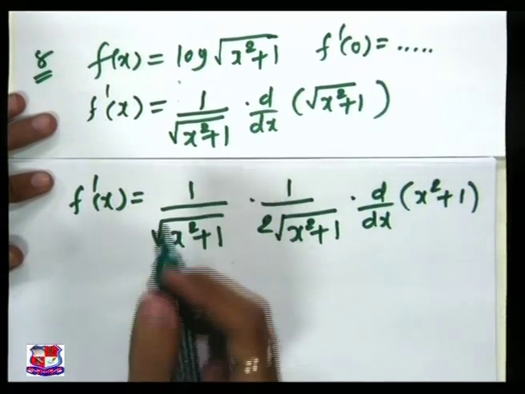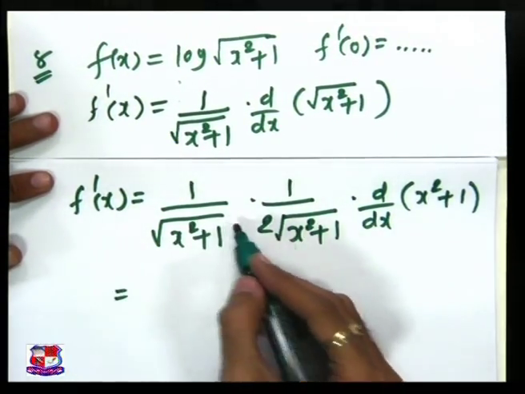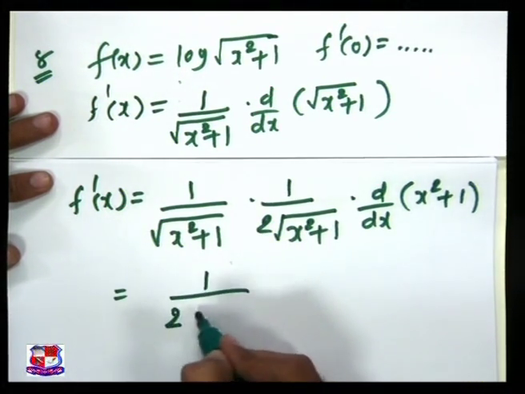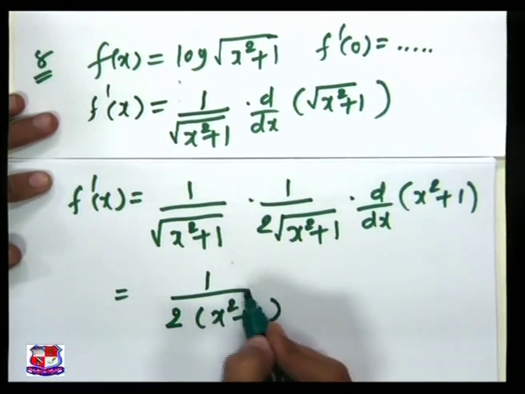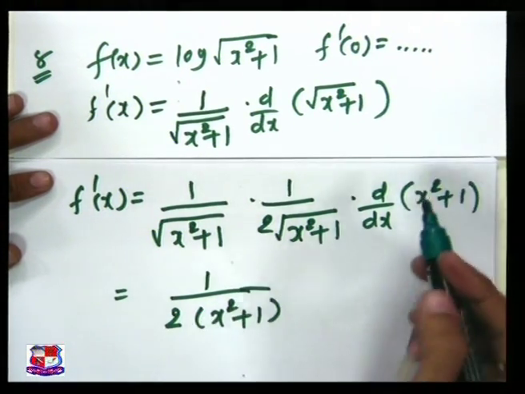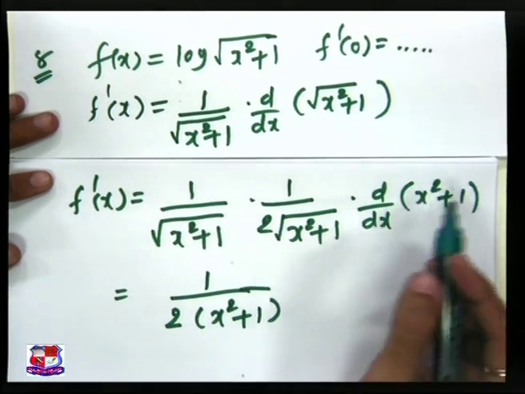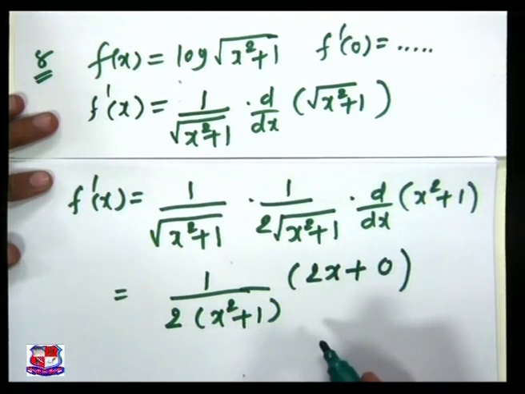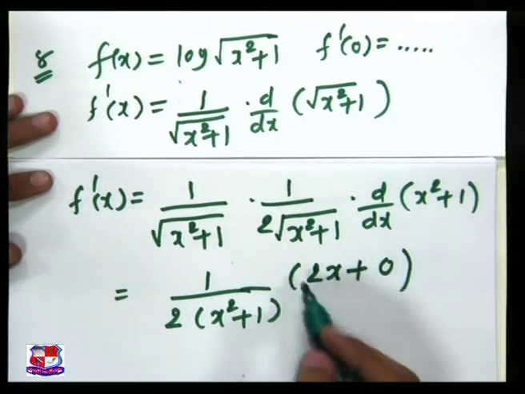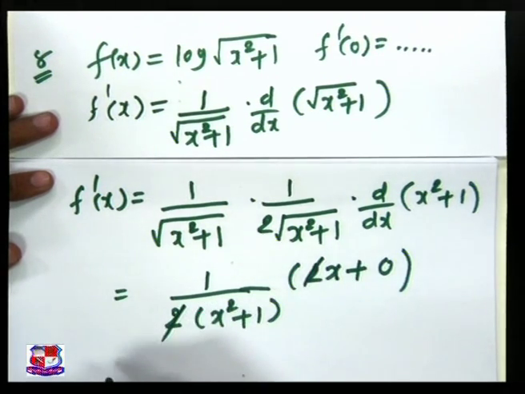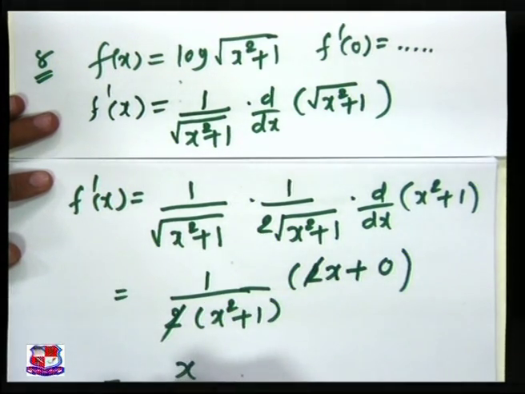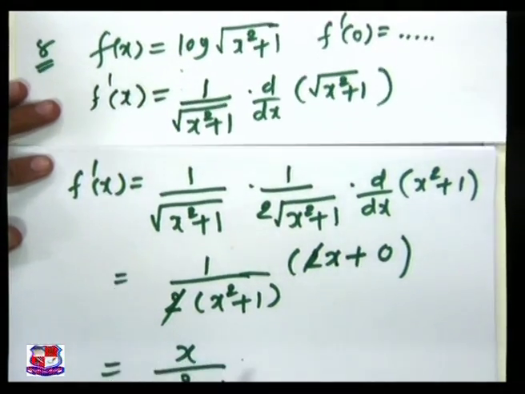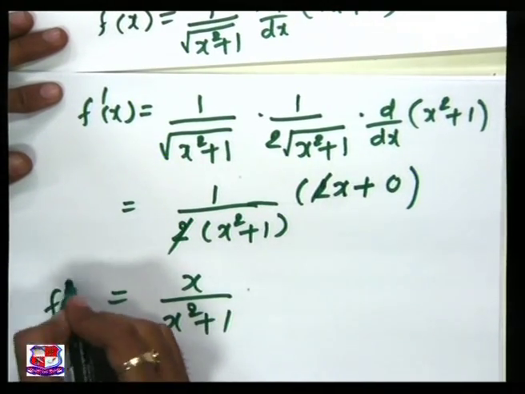So we will get root x square plus 1 into root x square plus 1, that is 1 upon 2 into x square plus 1, and the differentiation of x square plus 1: the differentiation of x square is 2x, the differentiation of 1 is equal to 0. So here only 2x, so 2 and 2 cancel out. So we will get f dash x is equal to x upon x square plus 1, right? This is the answer for f dash x.